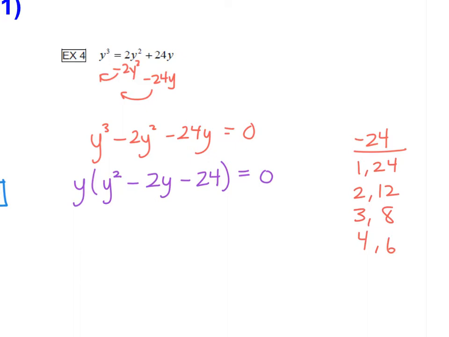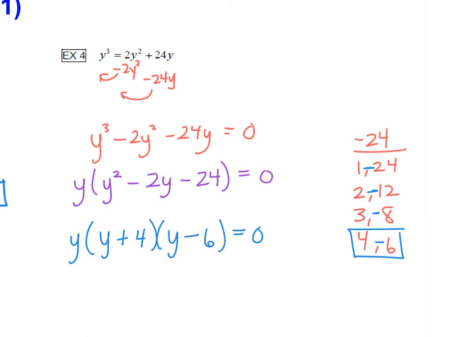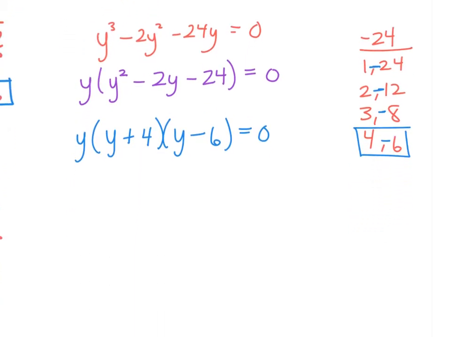Because it's a negative 24, that means either the small numbers are negative or the big numbers are negative. So look to see what they're adding up to. They're adding up to a negative 2, so that means the larger number is negative. All right, so you look at all your factor pairs till you find the pair that adds up to negative 2. We can see that's a 4 and a negative 6. So this y comes down out front, and then we're going to have y plus 4 and y minus 6 equals 0.